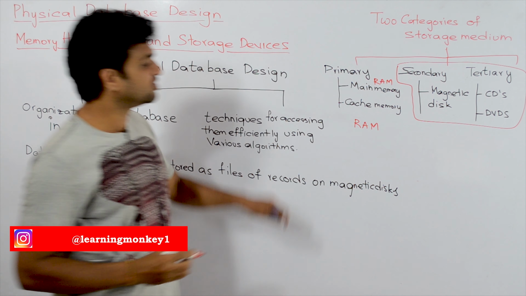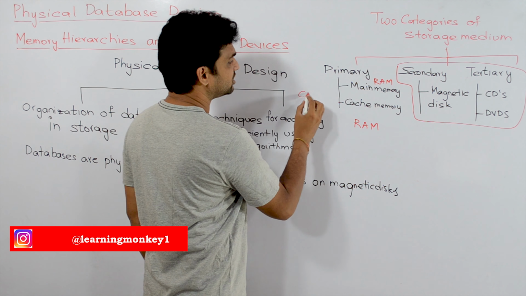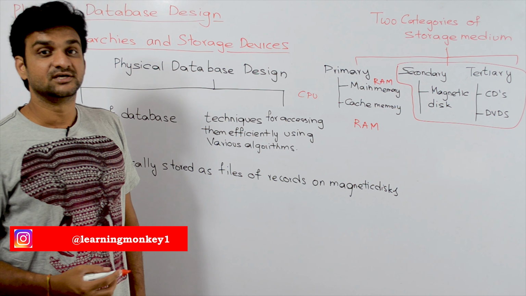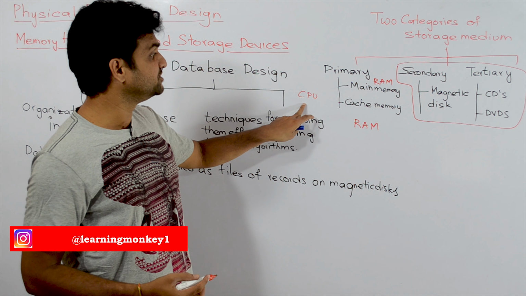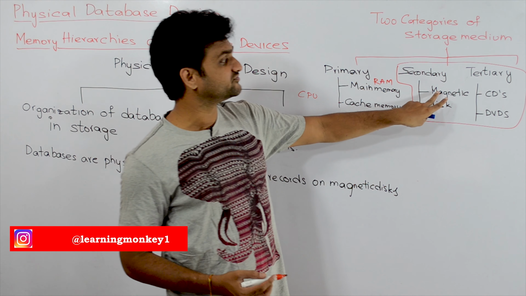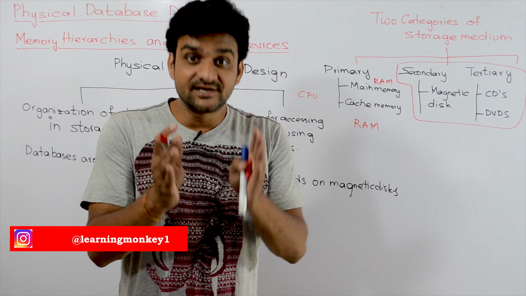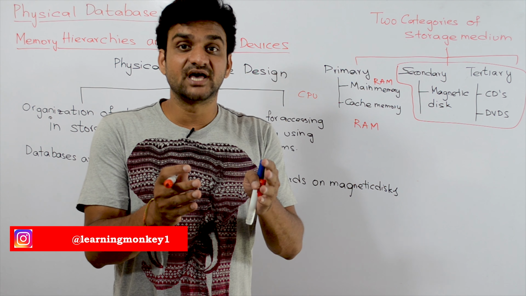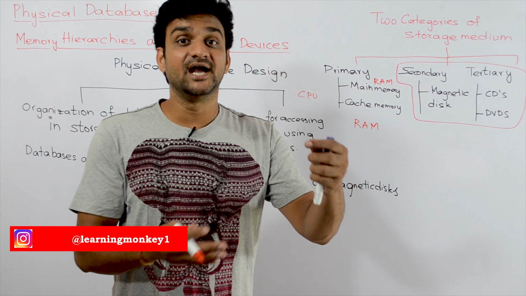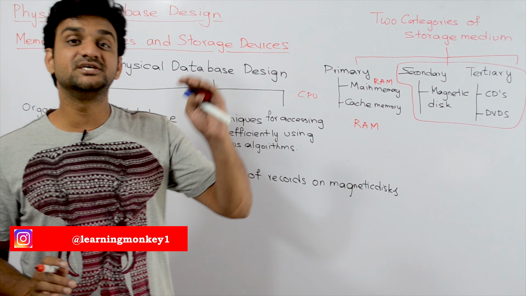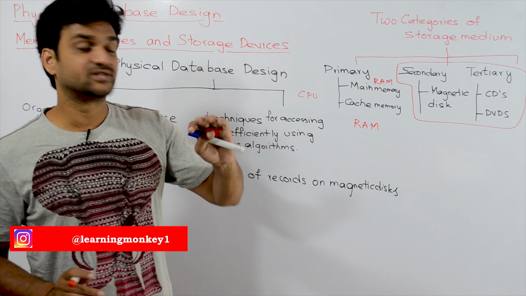So the CPU knows of only main memory and cache memory. The CPU does not know the existence of secondary memory like hard disk. Hard disk is a device available on a computer with larger storage capacity, but it is very slow. That is the reason.